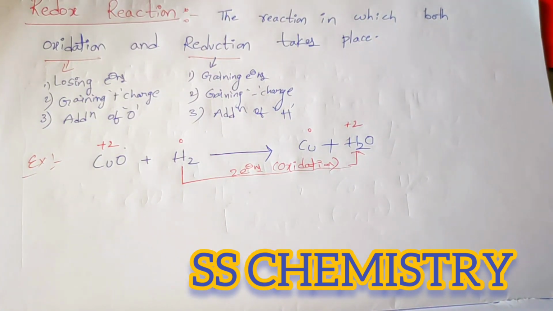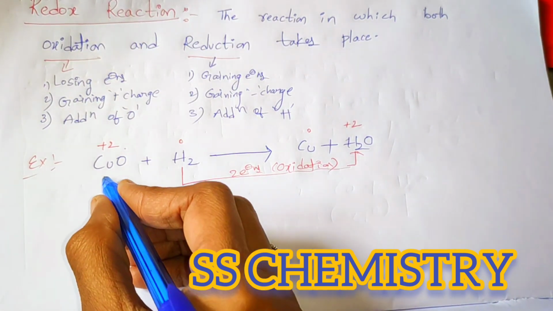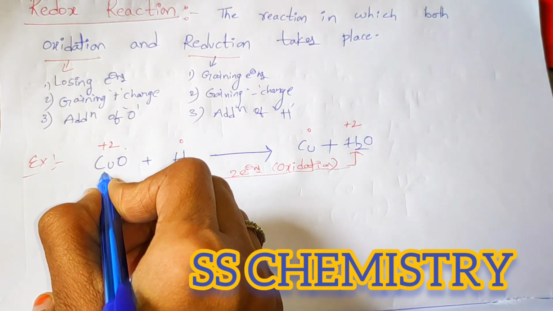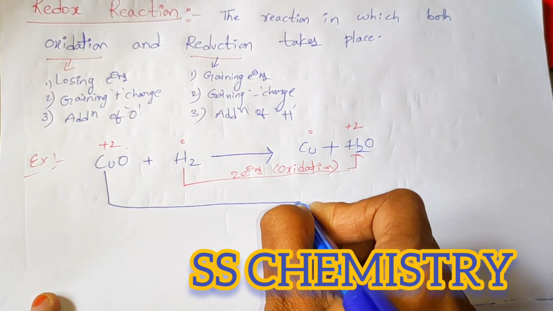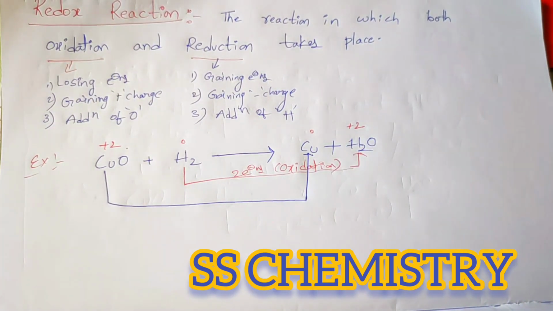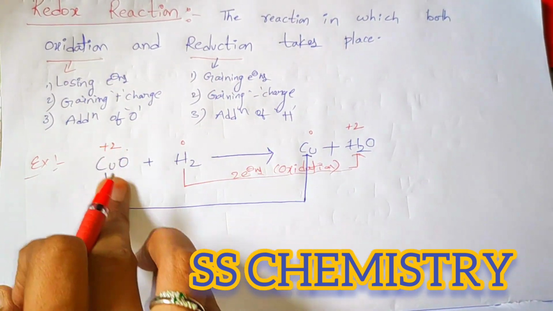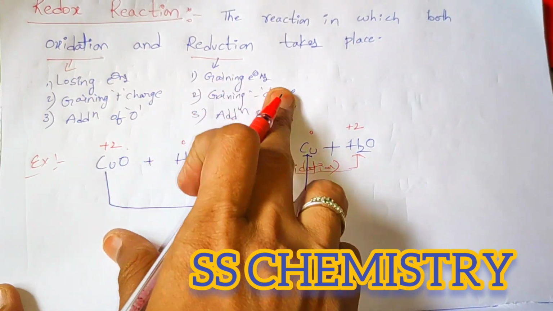Next, reduction, how does it happen? Look here. Which charge is copper having, children? Here copper is having +2 charge, and if you observe here, which charge is copper having? 0 charge. So +2 to 0 means positive charge is decreased, so it is gaining electrons.